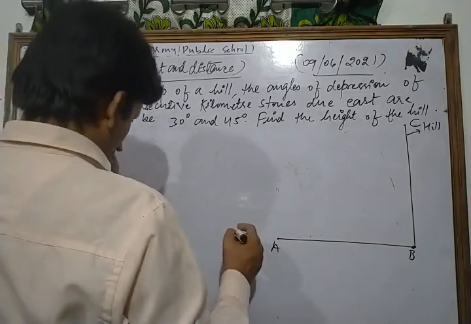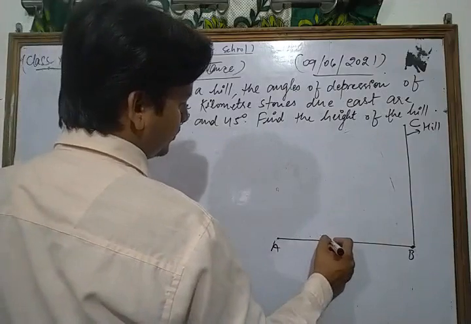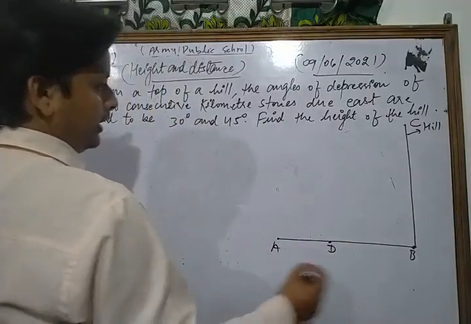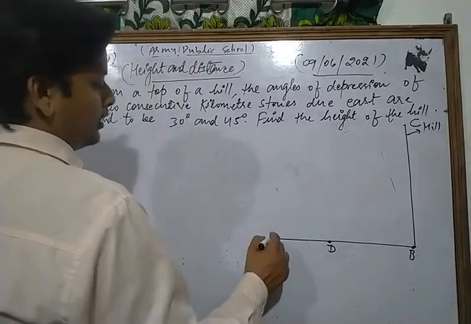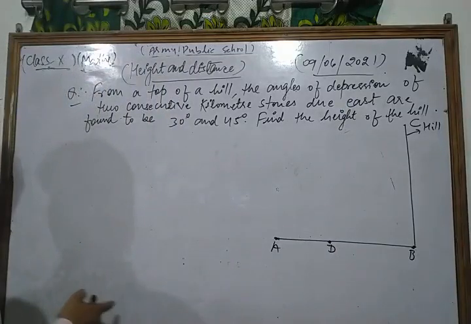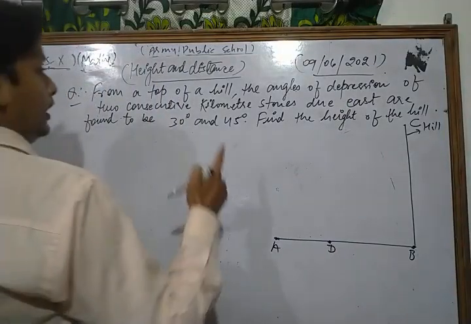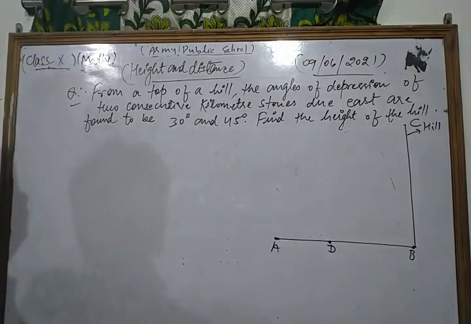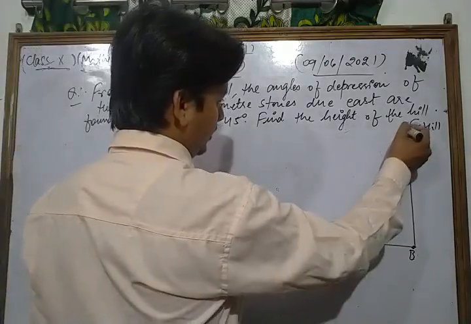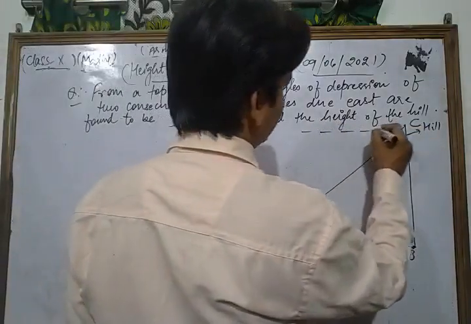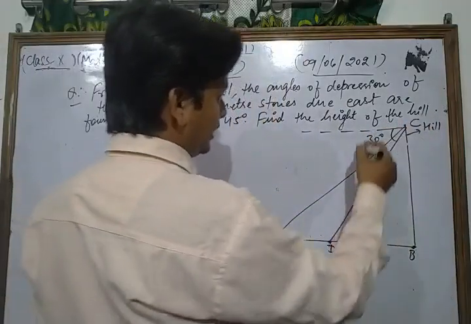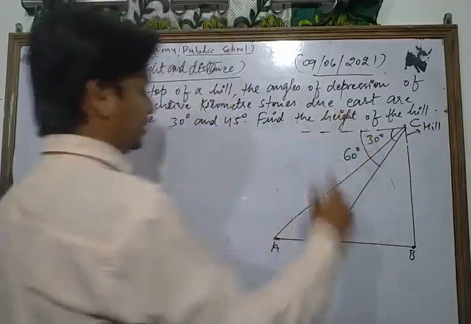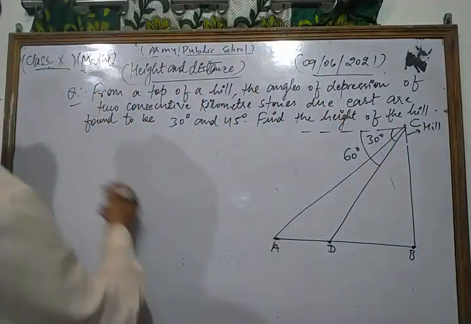So let us take A, B, C, D. The positions of the two kilometer stones are A and D. Now from that point, the angles of depression of the consecutive kilometer stones due east are found to be 30 and 45. Now from A that is 30 degrees, and from D that is, what, 45 degrees. Okay. So let's see its solution.